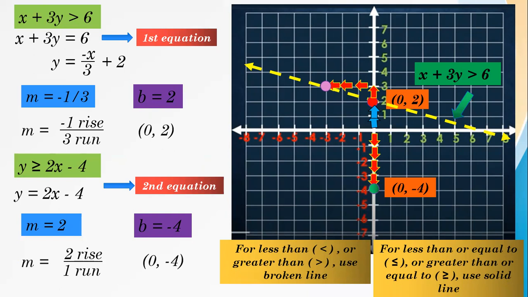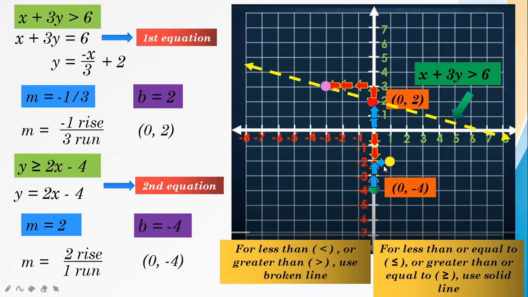So your rise is 2 and your run is positive 1. So we have a positive slope, and therefore move up 1, 2, then 1 unit to the right of the y-axis. And therefore this will be your second point.